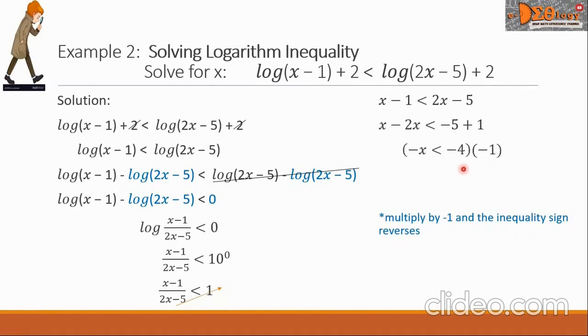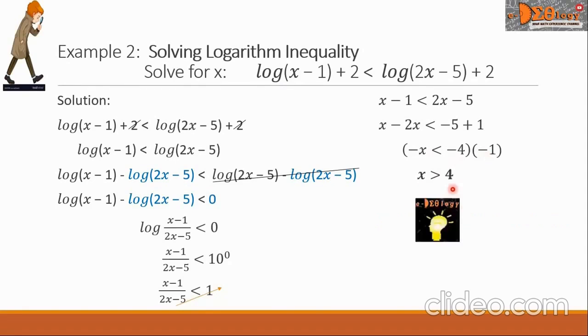So the inequality times negative 1, this negative x times negative 1 will give positive x, and this less than sign becomes greater than, and then negative 1 times negative 4 will give positive 4. So we have our answer, x is greater than 4. This is our final answer.